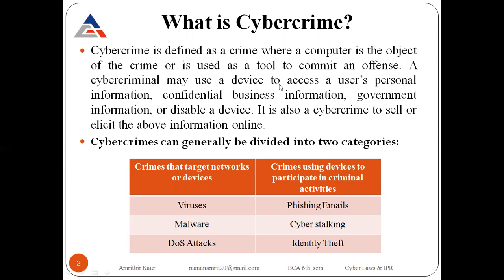The second category is crime using devices to participate in criminal activity. So a criminal activity is done in which a computer device is involved. The first one is phishing emails. As we know, phishing emails means hackers send emails to individuals that look like the original.